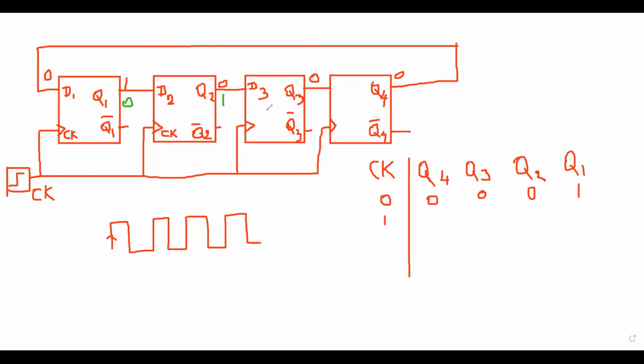This is the input of the third D flip-flop. So 0 is the input, so 0 is the output for the third flip-flop. Then this 0 will come to the output. So this is the state for the first clock pulse.